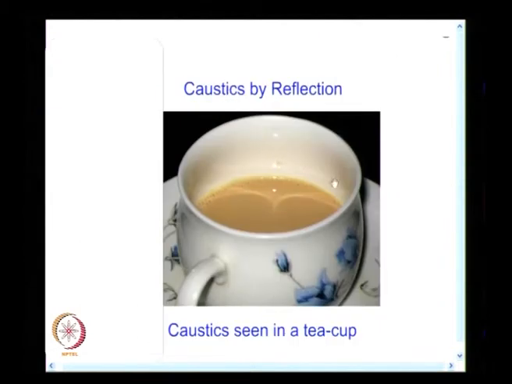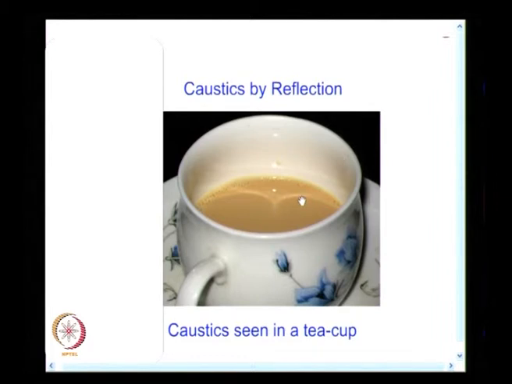I have a teacup, and because of its curved nature and with appropriate lighting, light hits on this curved surface and gets reinforced, and you see a silver line as a cusp. Whatever line you get, the principle is called caustics. The same name is also given to the optical technique.